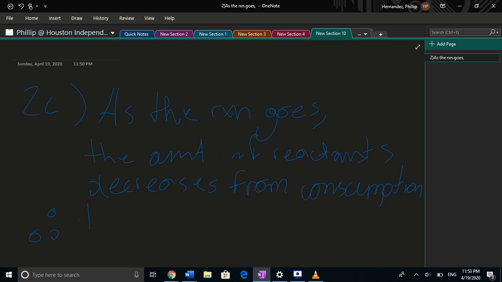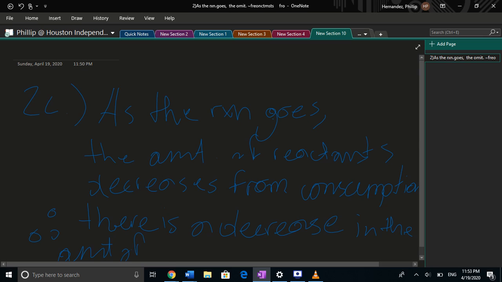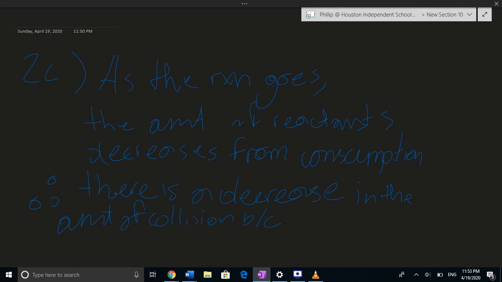Therefore, there is a decrease in the amount of collisions because the reaction rate is decreasing.